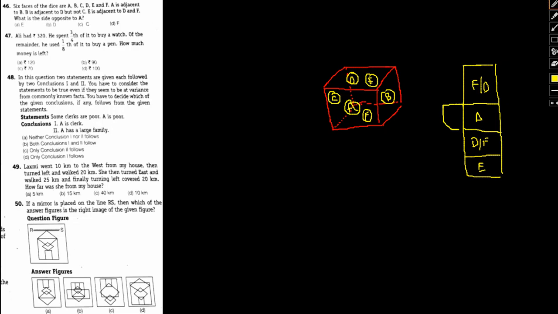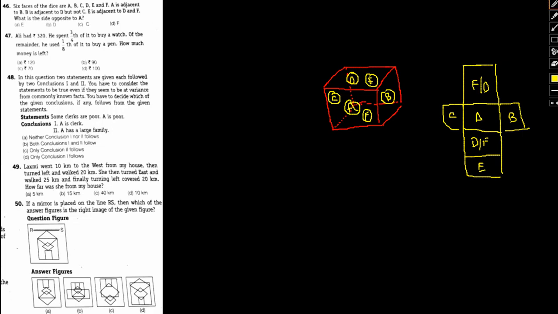So if we open this figure up, it will look something like this. Suppose we have A here, so this upper side will be either F or D, this one will again be D or F, and the lower one will be E. Subsequently this side can be C and this side can be B. That can also be alternatively, B could have been this side and this side as well, so B and C alternate.